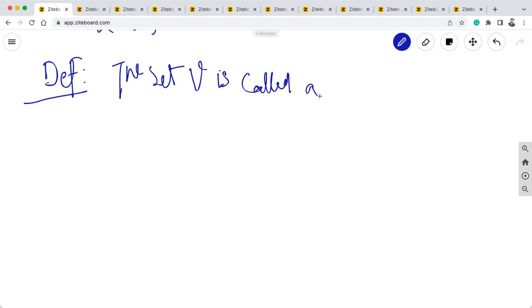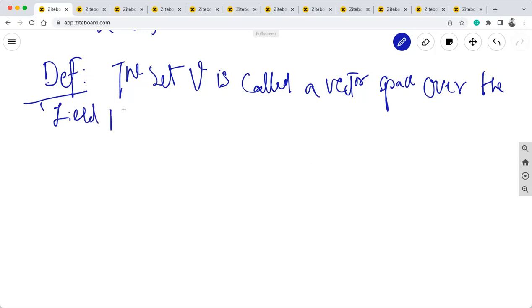The definition is like this: the set V, this capital V, is called a vector space over the field, here the scalar field F, when the following properties hold.